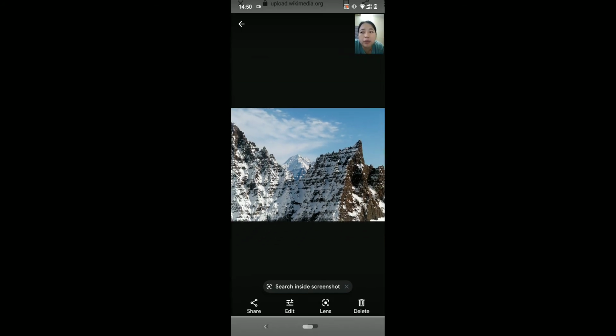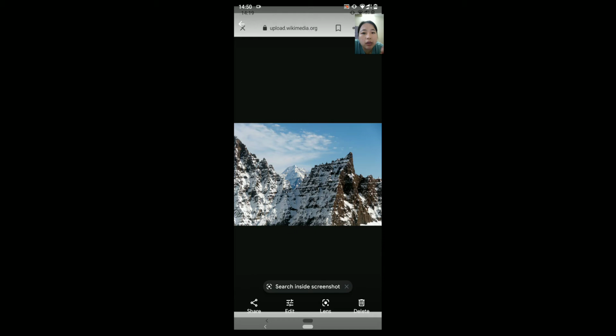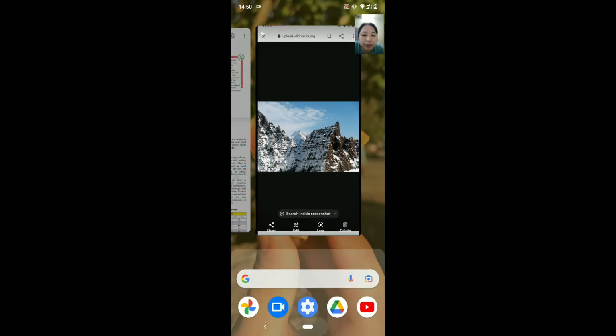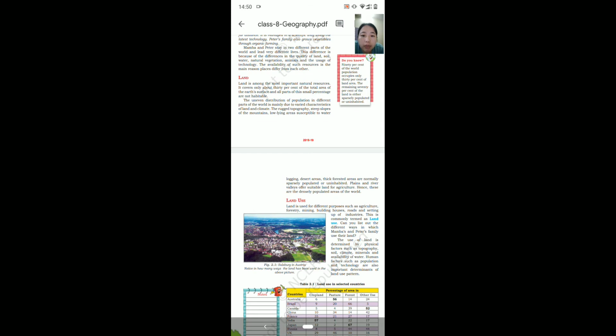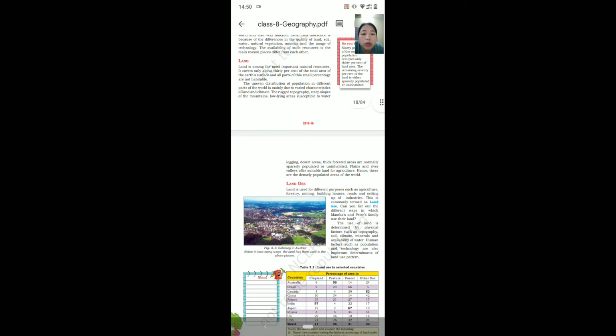There won't be any access to transportation, and it will be difficult for ourselves to climb, okay? And low-lying areas susceptible to waterlogging, especially the flood areas, and there are many areas where we cannot construct homes and so on.